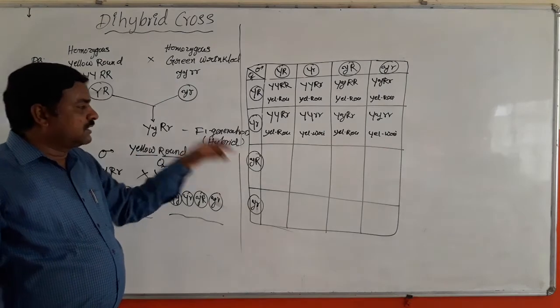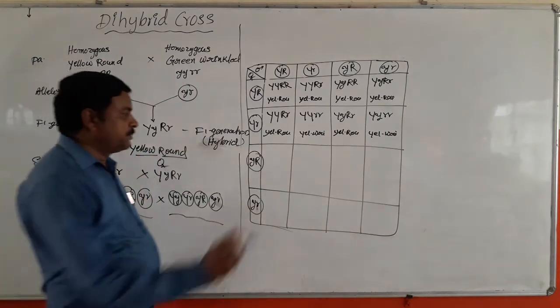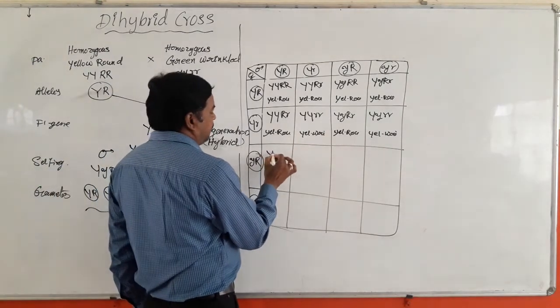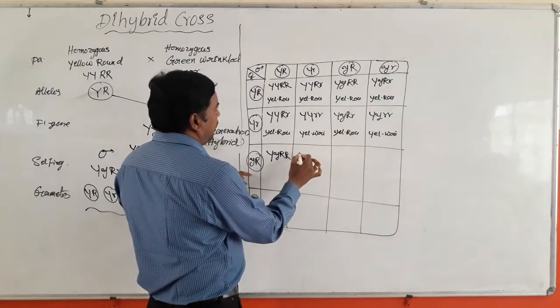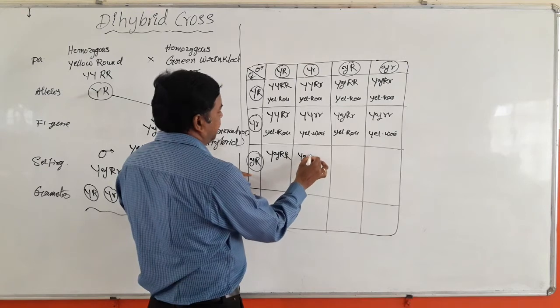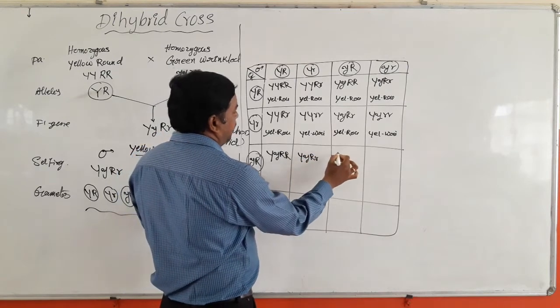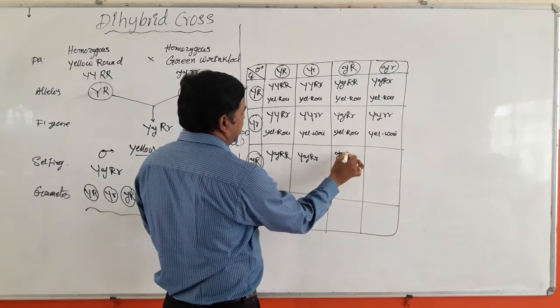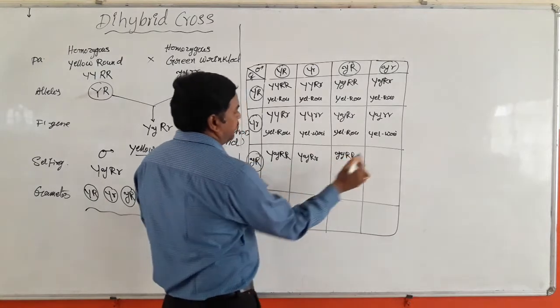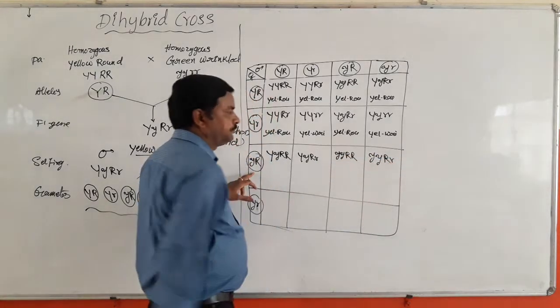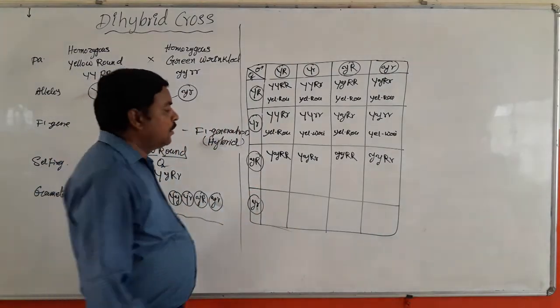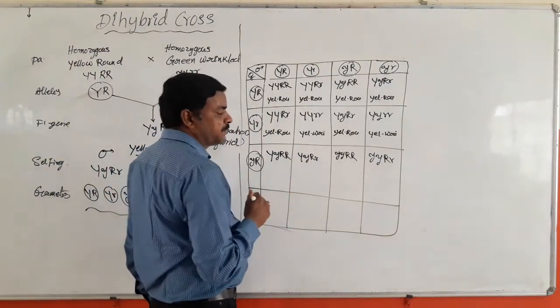Now what about the third column, and what are genotypes and phenotypes of third column? Capital Y, small y, capital R, capital R, and capital Y, small y, capital R, small r, and small y, small y, capital R, capital R, and small y, small y, capital R, small r. What are the phenotypes of these plants?